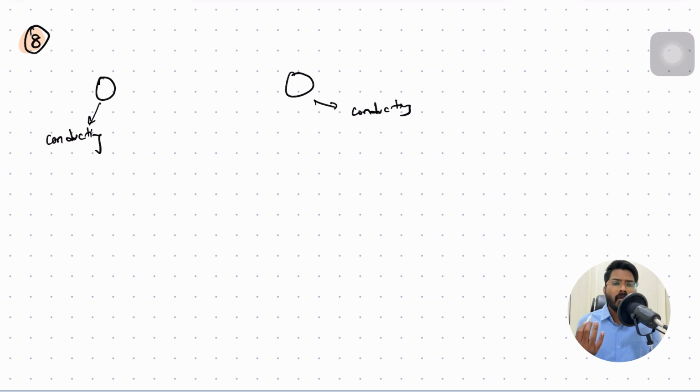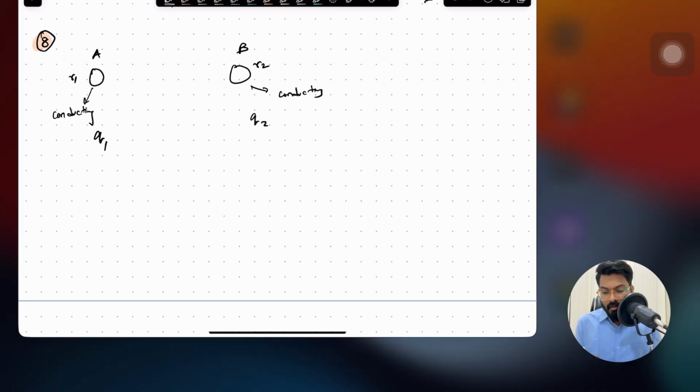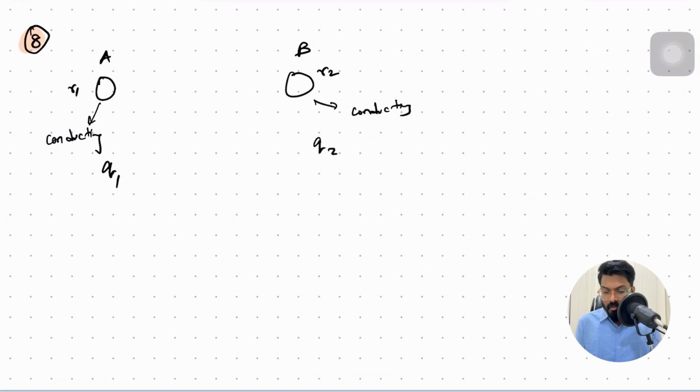Let's call the small conducting balls A and B. Each of them has a radius of R1 and R2. They also have charges of Q1 and Q2. They are connected by a wire like this.